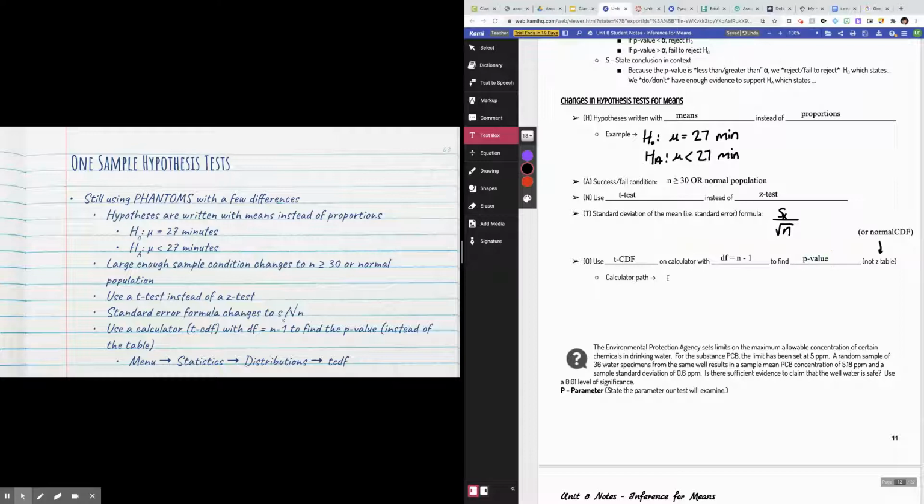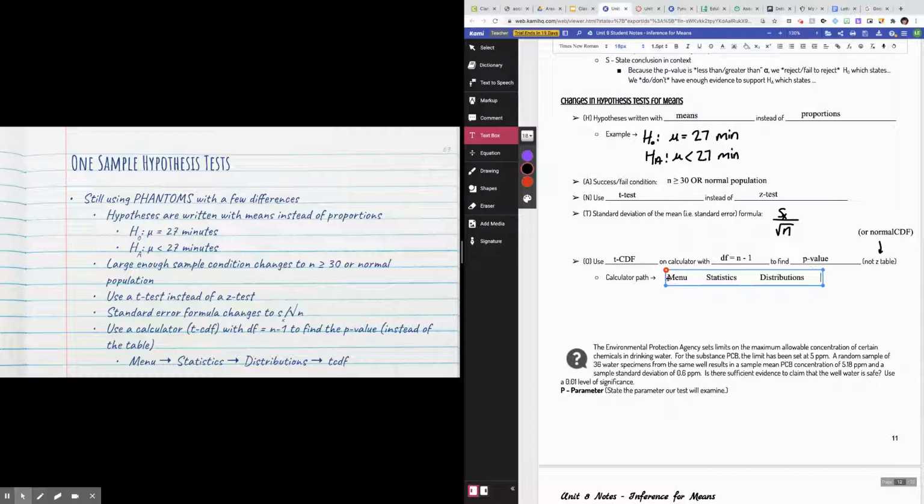On your calculator, here is how you access TCDF. Just go to a regular calculator page. Click the menu button. I gotta leave myself some space for arrows. Then click Statistics. Then click Distributions.